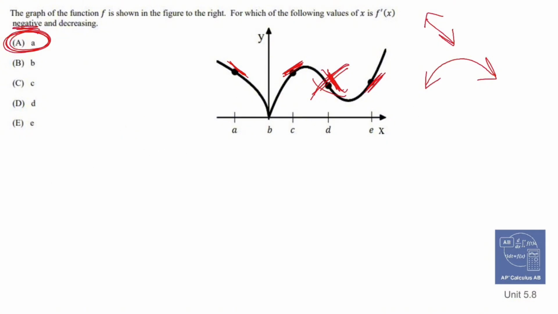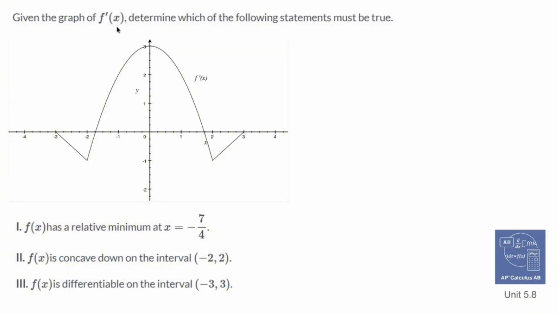But I did it. Given the graph of f prime of x, determine which of the following statements must be true. All right, so this is f prime of x, not f of x. So let's look at these three options. Option number one says relative minimum at wherever. In order for there to be a relative minimum, our derivative must go from negative to positive.